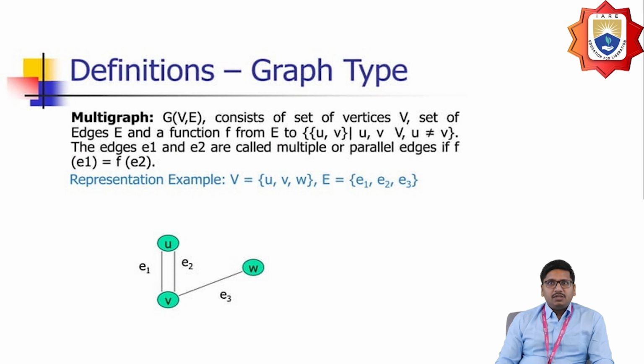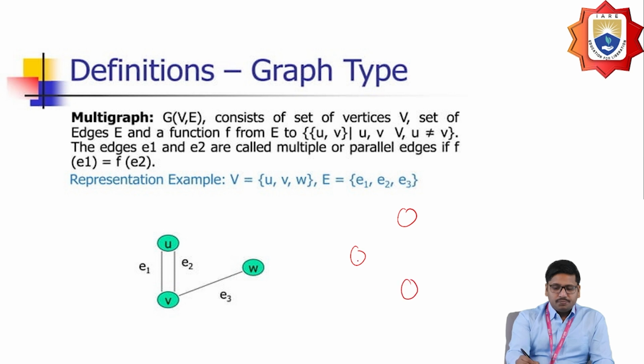A multigraph consists of a set of vertices and a set of edges, with a function from E to pairs of vertices, so there can be multiple or parallel edges. A graph which holds multiple edges between a pair of vertices is a multigraph.